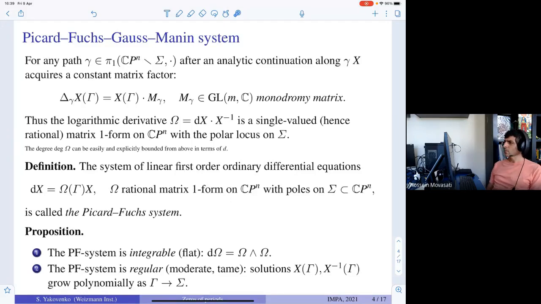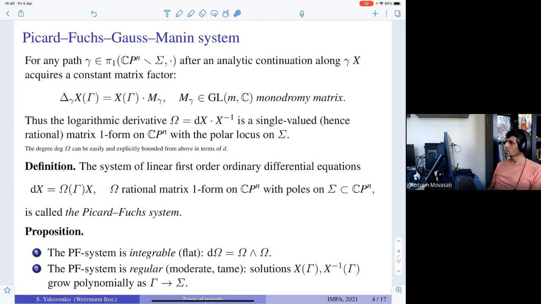Now, having defined this notion of period matrix, we can write down what is called a Picard-Fuchs and also a Gauss-Manin system. This is a system of first-order differential equations in Pfaffian form, which explains how the period matrix behaves.